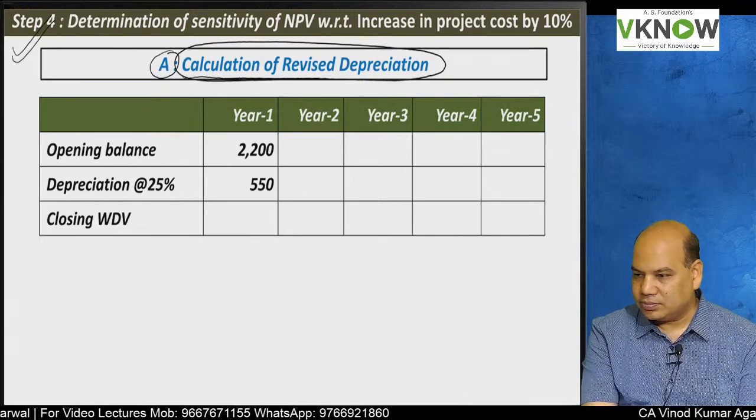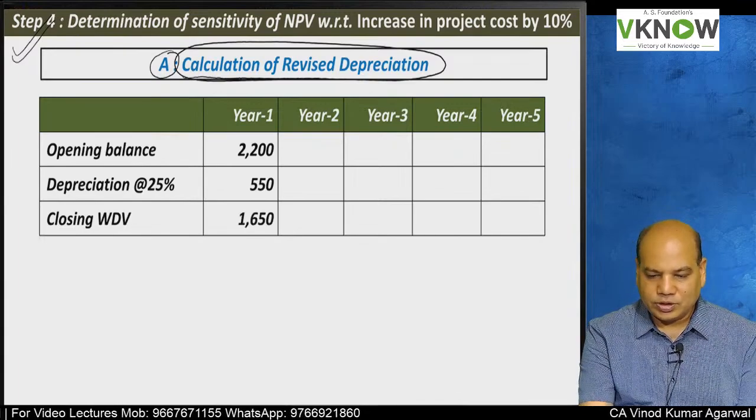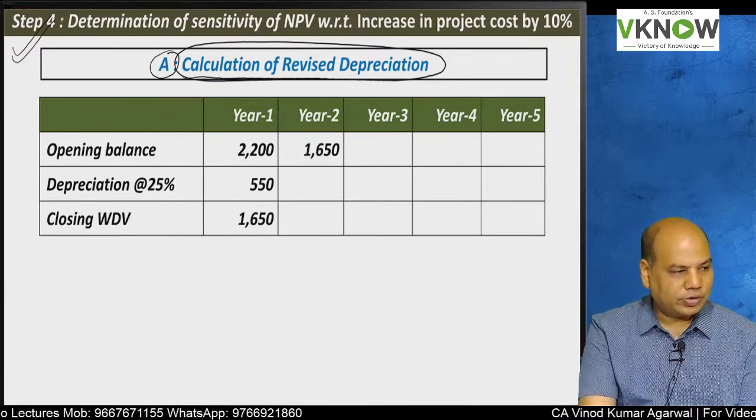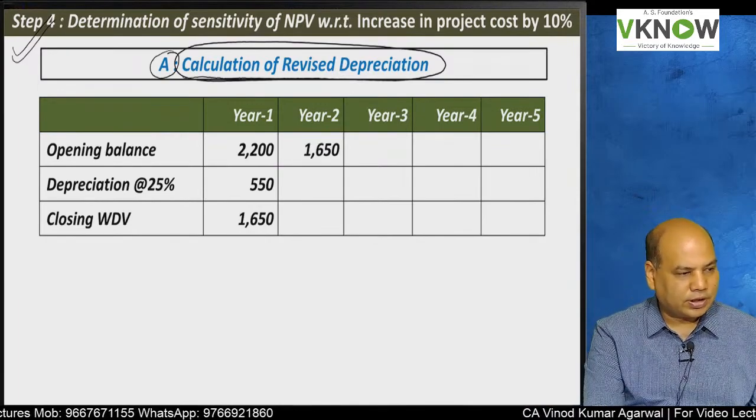25% is 550, balance 1650. Continue yourself, try yourself.